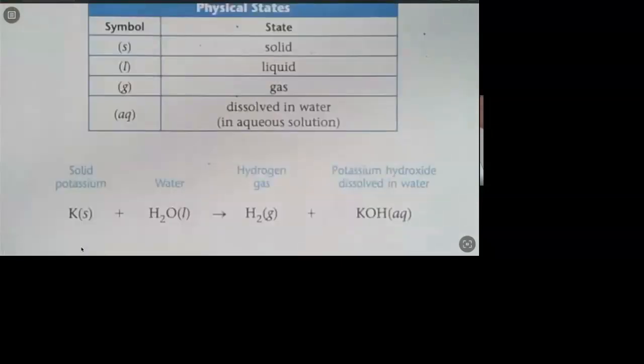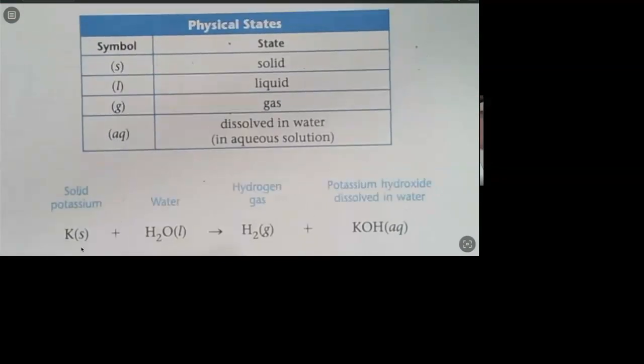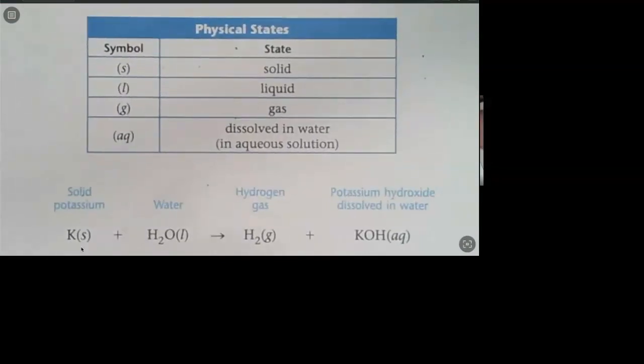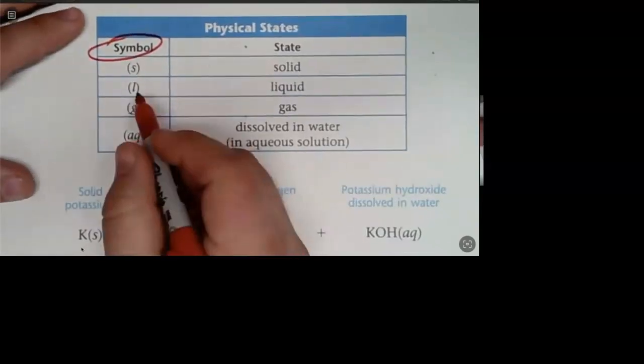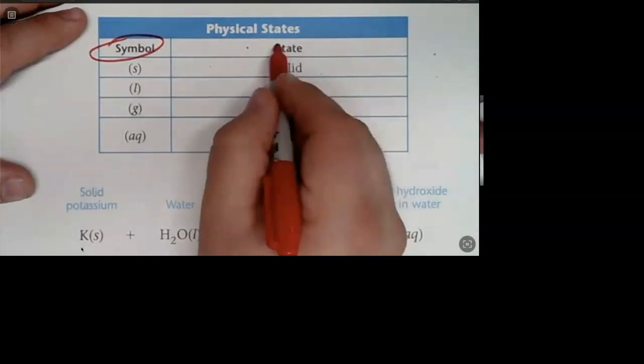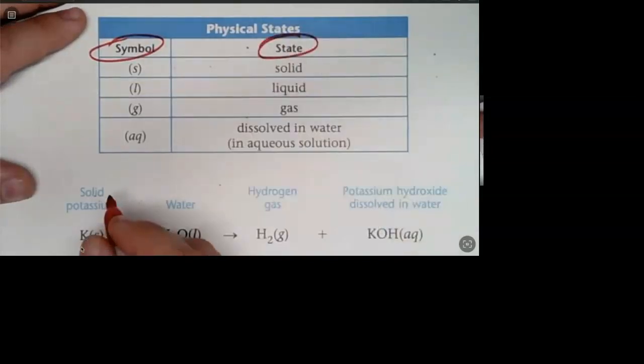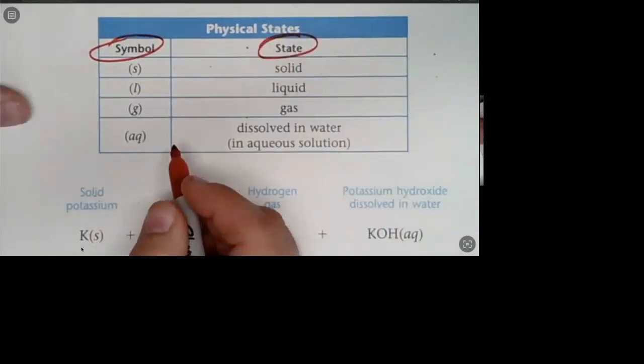Okay. Now, here is something I want you to know about. We're not going to focus on it too much. These symbols right here represent what state of matter the product or reactant is in, and they're pretty logical.